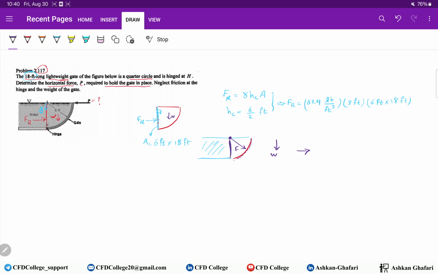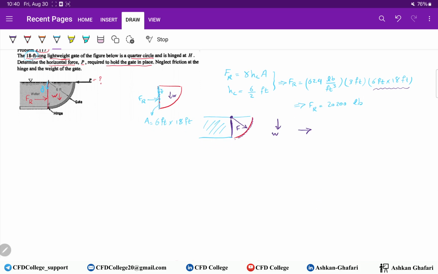That's why we should use this area. So Fr can be found as 20,200 pounds.